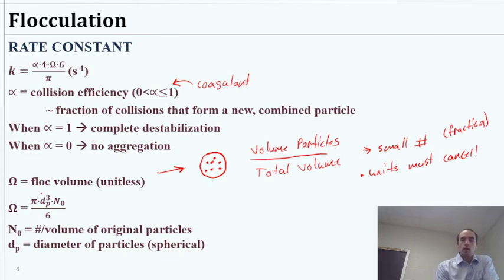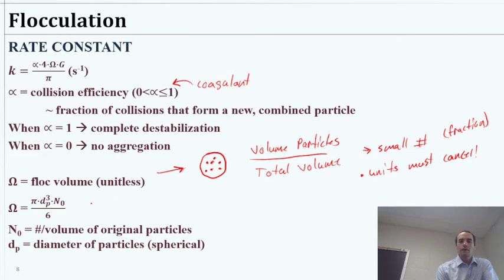Okay, so then the way we can describe that flock volume is essentially the volume of a sphere multiplied by the number concentration. The reason that works is because the volume of the sphere is one particle, right?